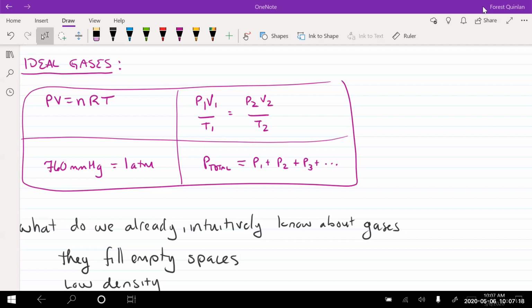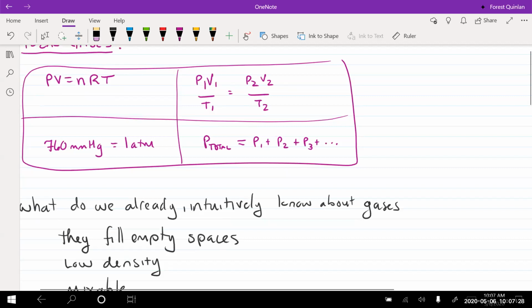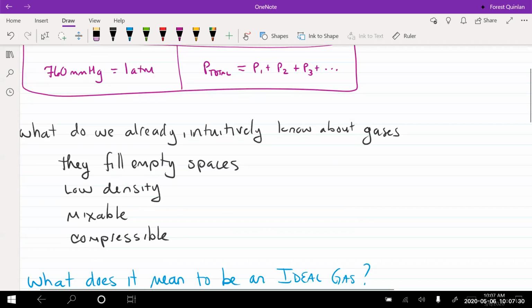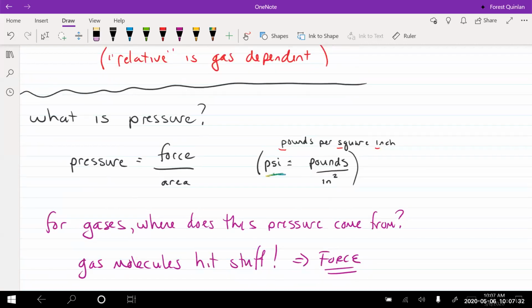We're going to, at this point, start learning about the third thing I wrote up there, and that is this: 760 millimeters is equal to 1 atmosphere. Because while most of us grew up here in the States hearing about this PSI thing, and we just sort of take it as it's a number, we inflate our tires to it, I don't really know what it means, I just know I got to get there.